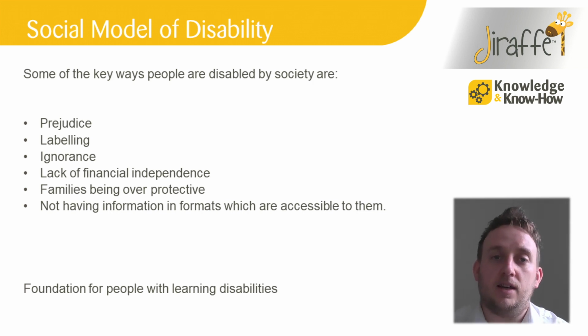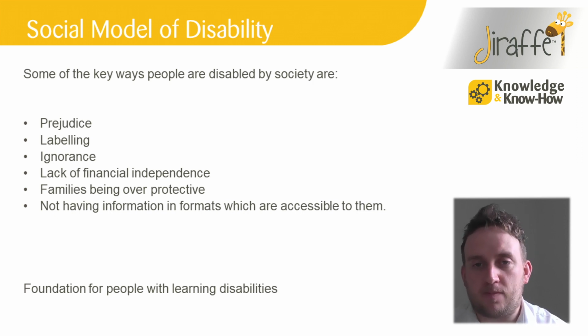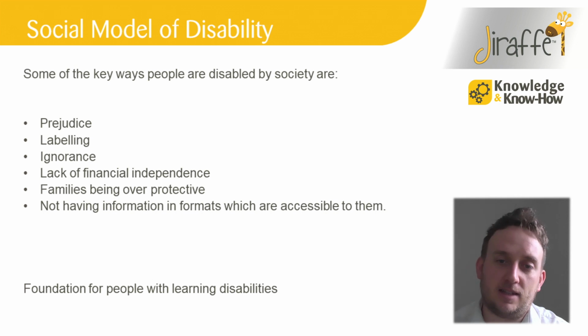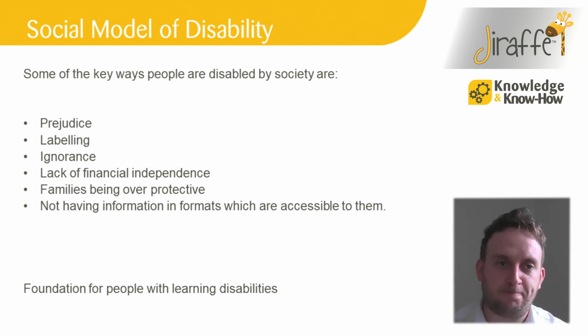It leads on to the idea of ignorance and the lack of education and awareness of certain disabilities or impairments. Also, people not having the right information in a format that is accessible to them. If someone cannot absorb that information, we're actually disabling them further and disconnecting them from society.